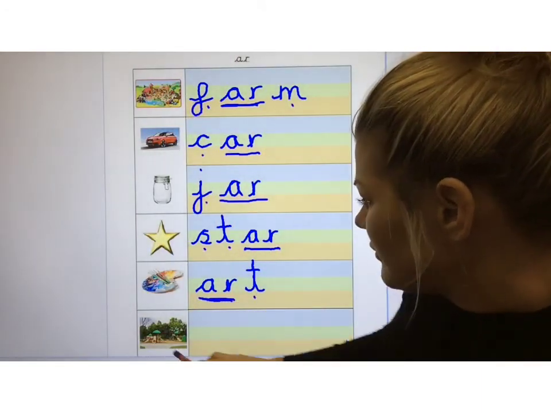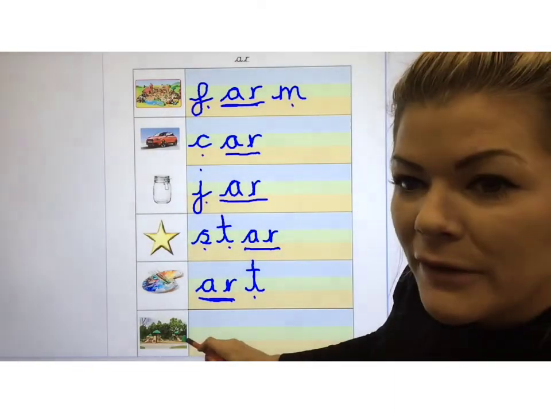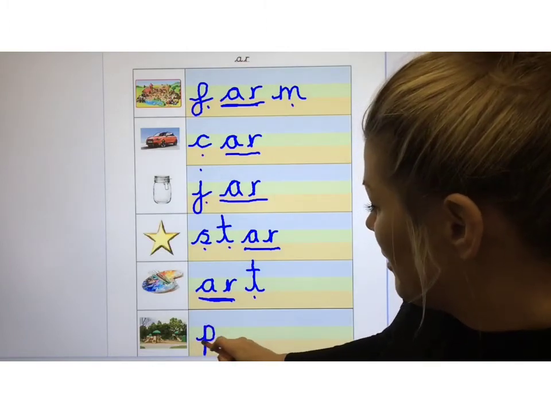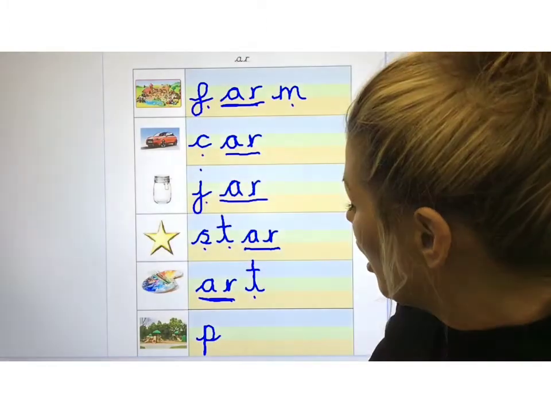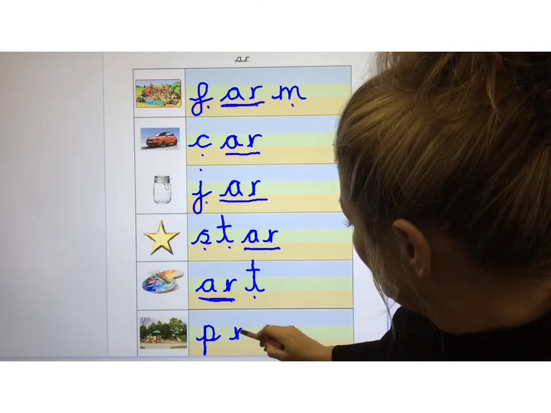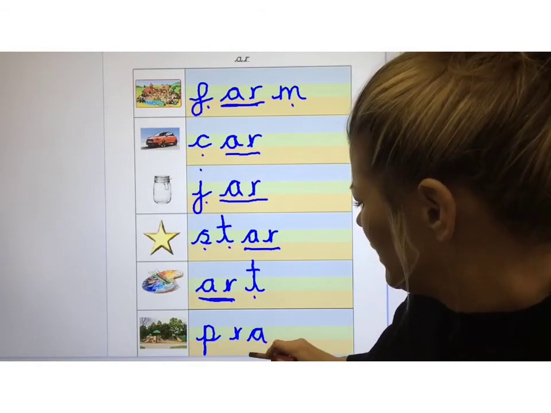Art. And the last one here is park. P. Can you see that? P. Mine. Oh, there's my pirate friend. Ark. Look at the digraph at the top. Ark. Oh, that doesn't look right.